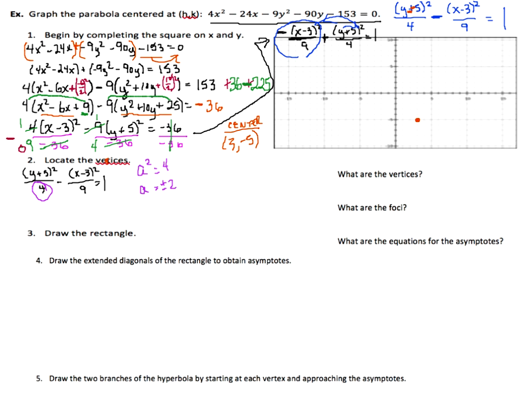This means that because our transverse axis is vertical, and we're talking about the vertices, our vertices are located 2 units above and below the center.